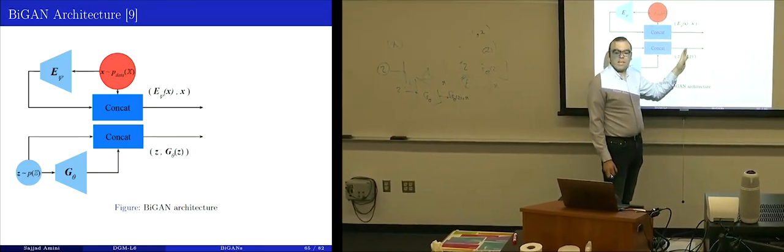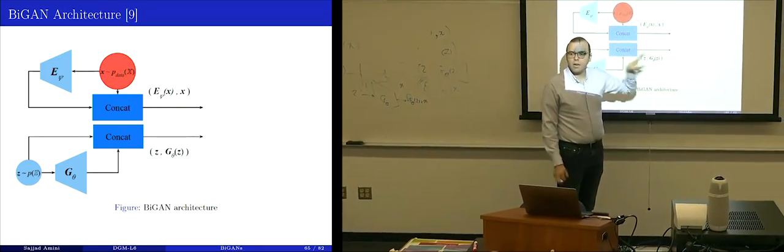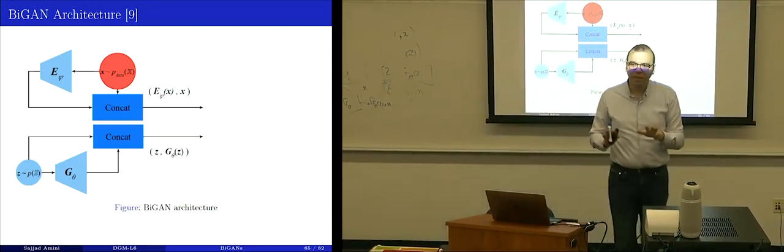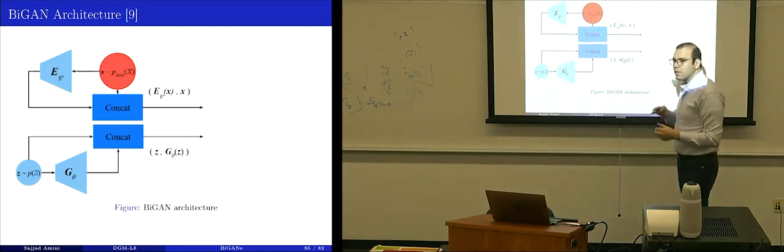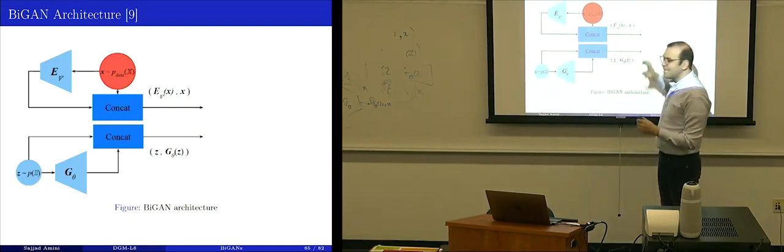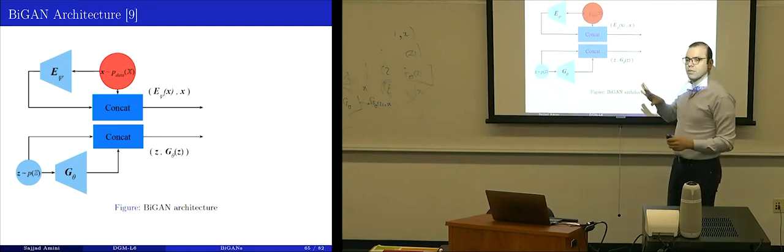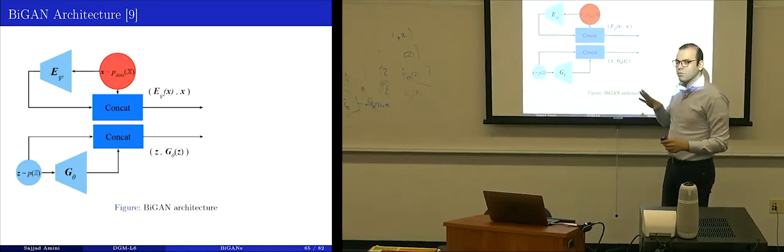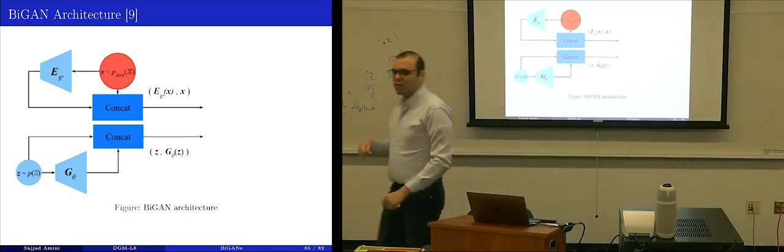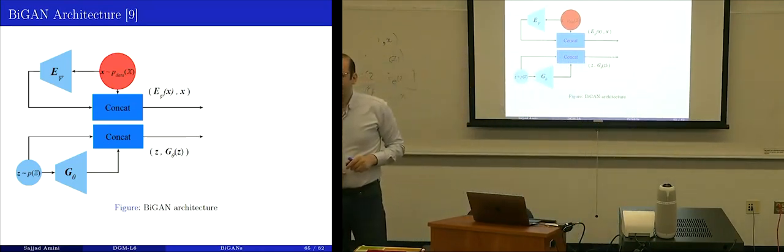It is not enough that E psi of X is coming from a standard normal distribution. It should come from a distribution such that these two vectors are exactly matched in terms of distributions. It is much more complex than just having a normal distribution over E psi of X.